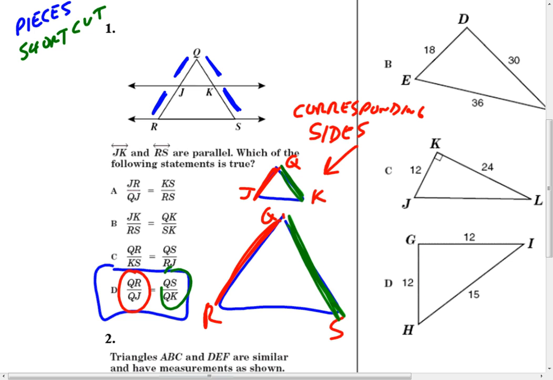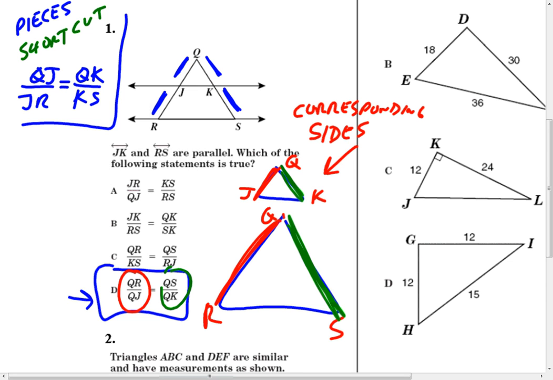Sometimes you can just look at those pieces and you'll end up with the same effect of this proportion. So if I saw QJ corresponding to JR and QK corresponding to KS, that's a perfectly legitimate proportion also. So you could see the pieces proportion, or you could see the corresponding sides proportion.